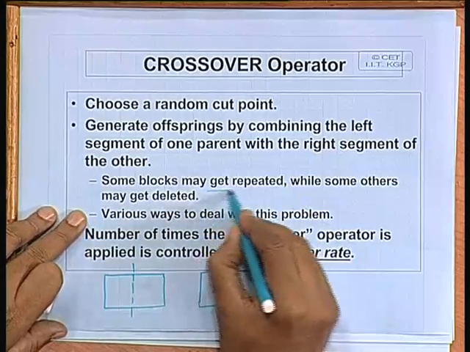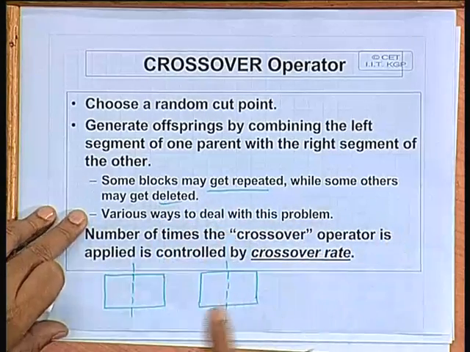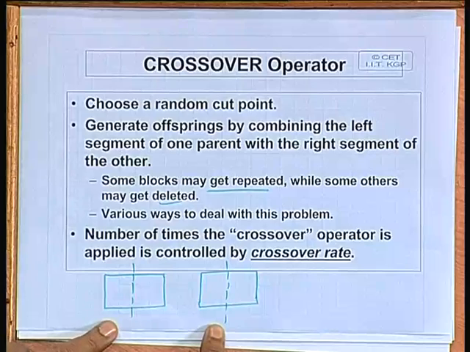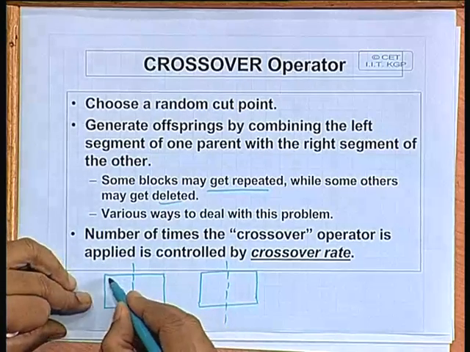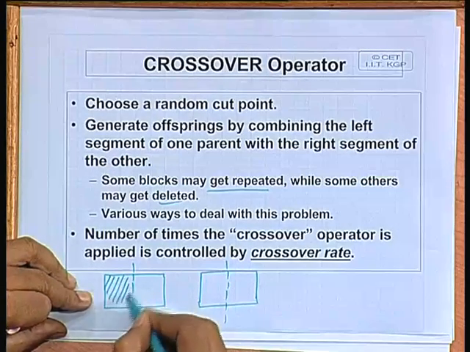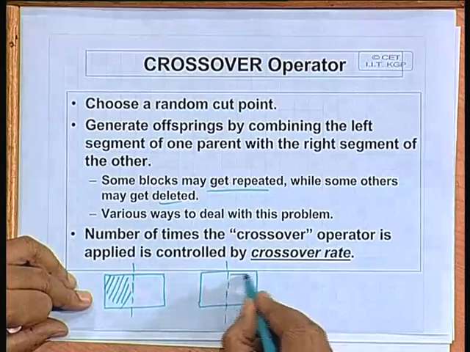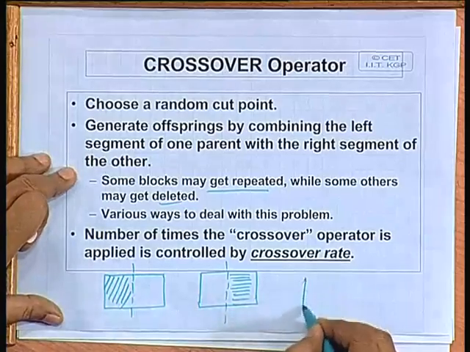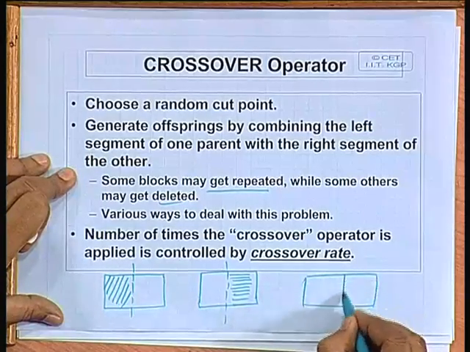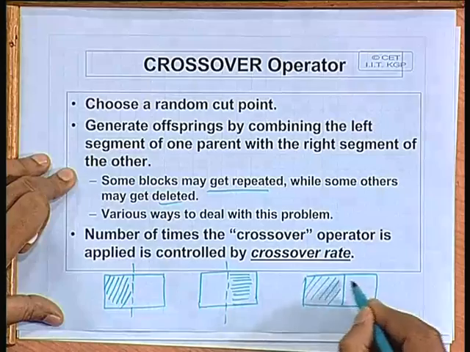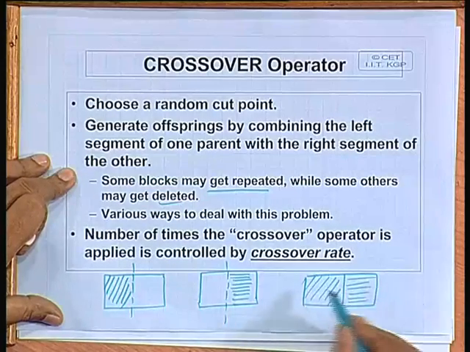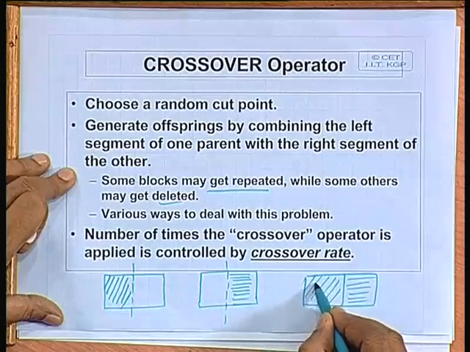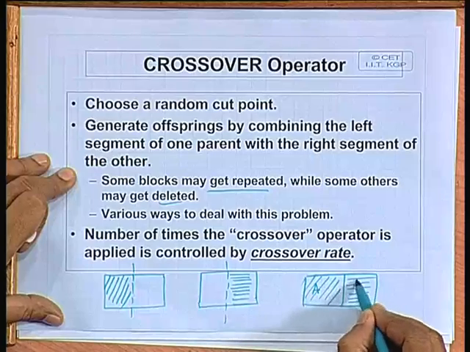You take the first half of this solution and the second half of the second solution, and you may see that some block, say A, which is here, is also coming here.